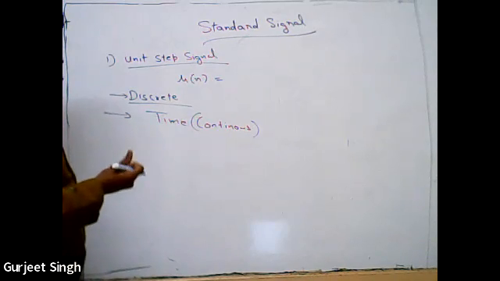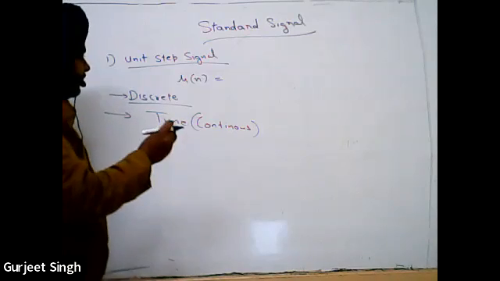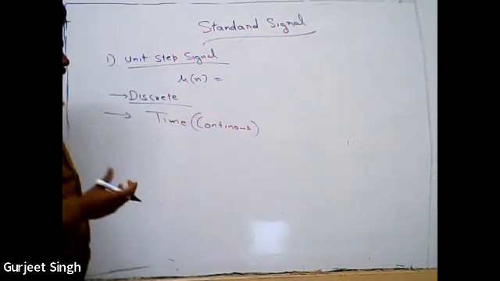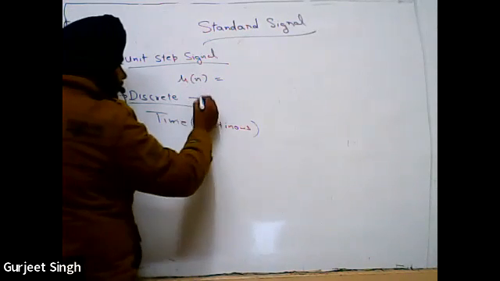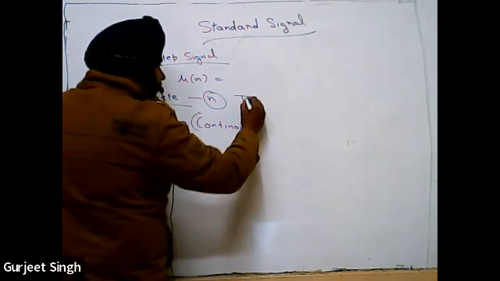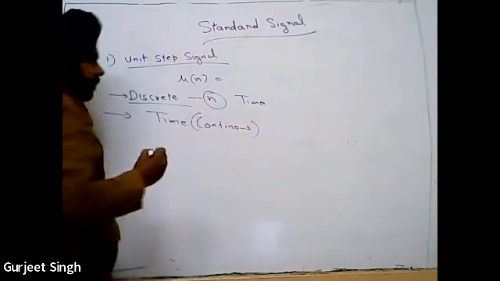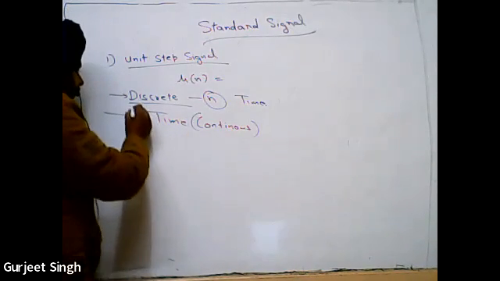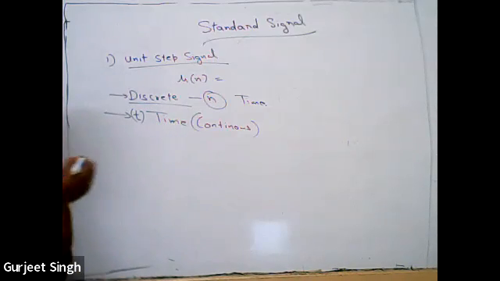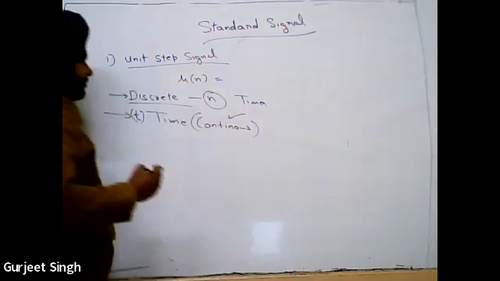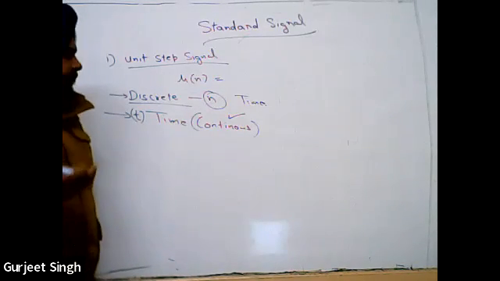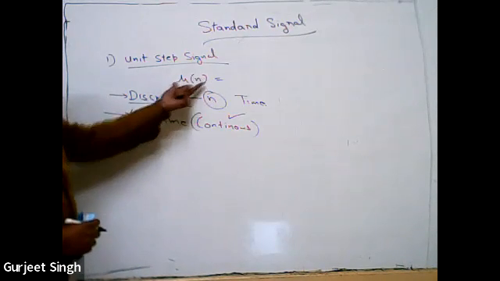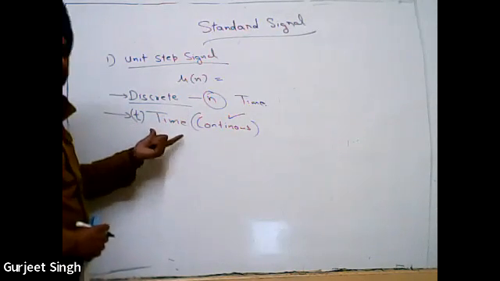Each standard signal is subcategorized into the discrete type or the continuous type. When I am using the term n to represent the time, that type of signal is called the discrete type signal. When I am using the time t, then that type is called the continuous type. Each standard signal is divided into two parts: it has its discrete type and its continuous type.